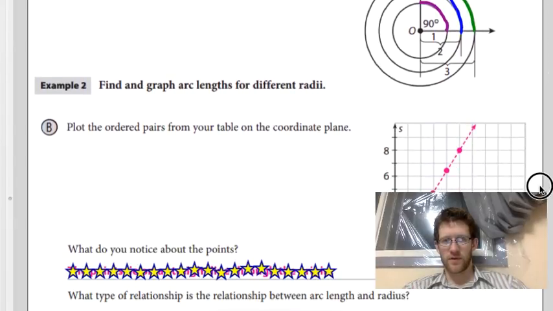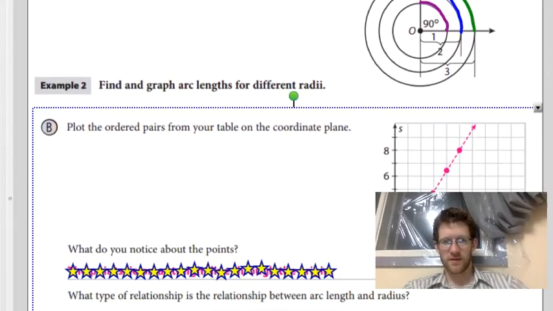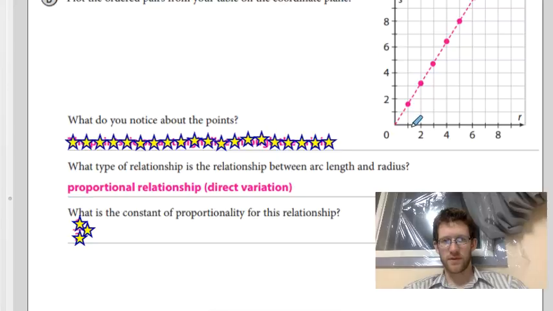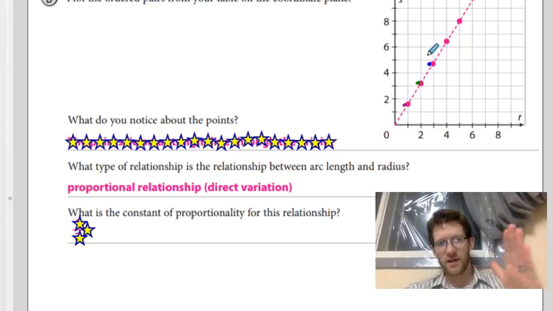The book makes a little graph. So here's their graph. They graph the radiuses, and they say that, oh, this one had a radius of 1, therefore the arc that it made is this value. The next one had a radius of 2, and the arc that made had that value. Next one had a radius of 3. And when you graph all these, you find they have a linear relationship.